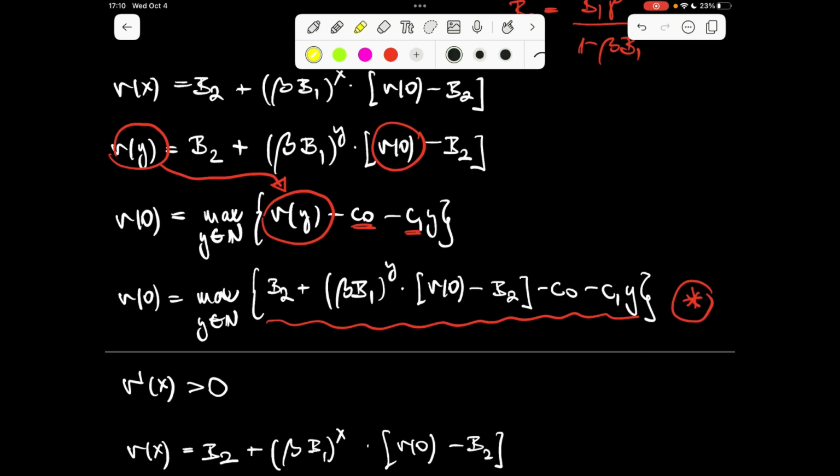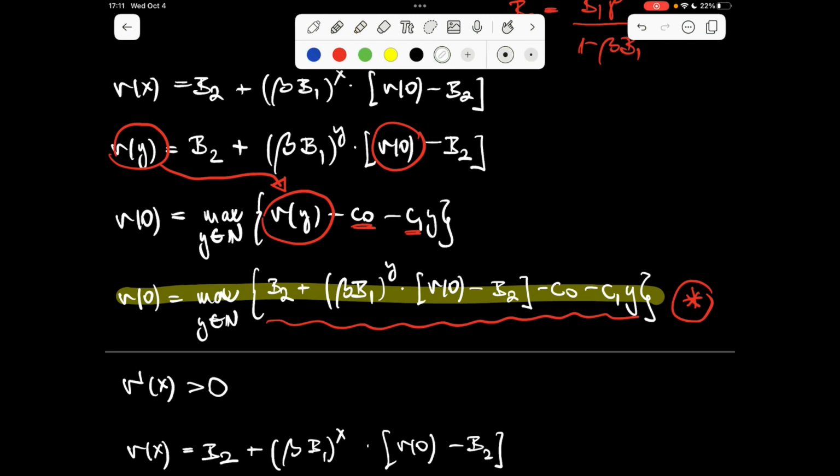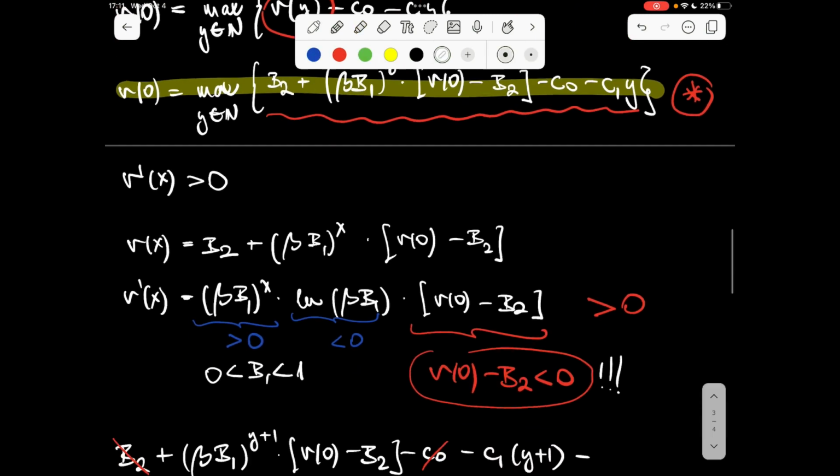Let me highlight this equation. And this maximum is where the first order condition is zero. But we are working with integers, so in this case, the most we can do is to get as close to zero as possible. So this is the reason why we need to do some tricks.